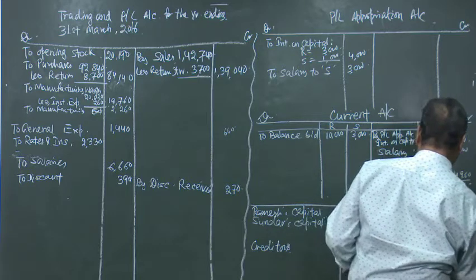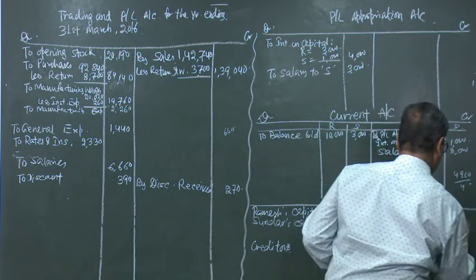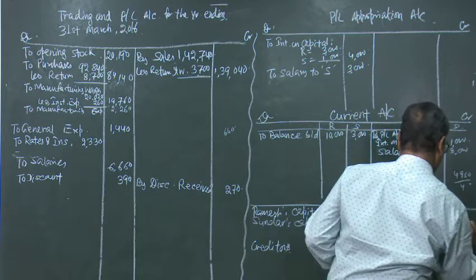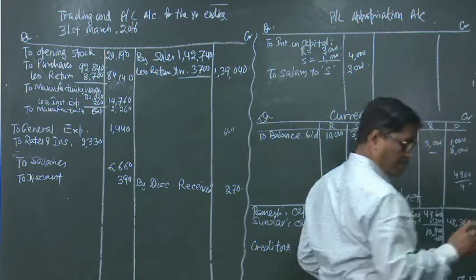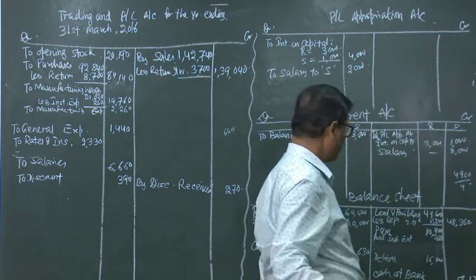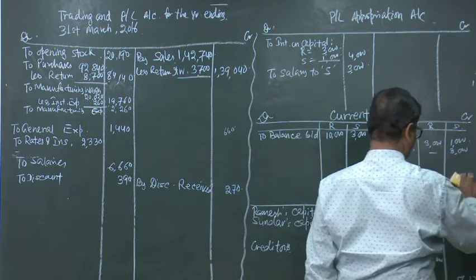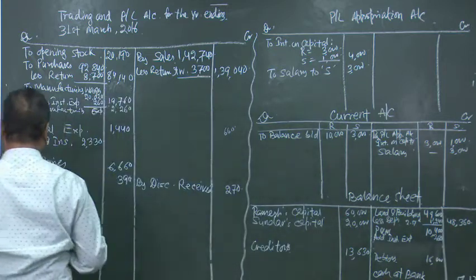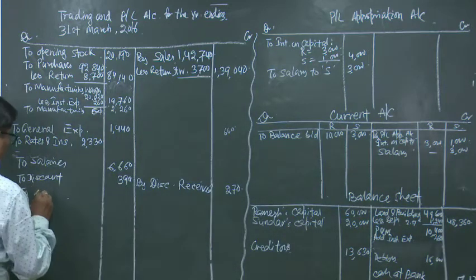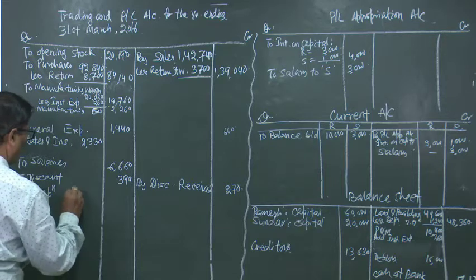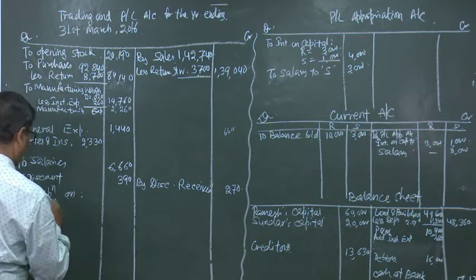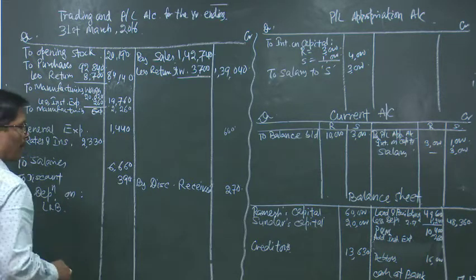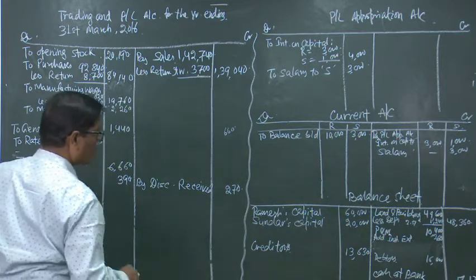So, remaining amount will be 48,360, and this amount will be also written here in the profit and loss account, to depreciation on land and building 1,240.